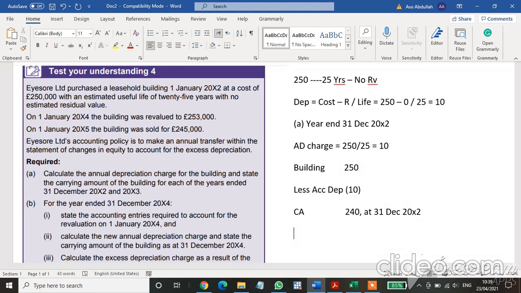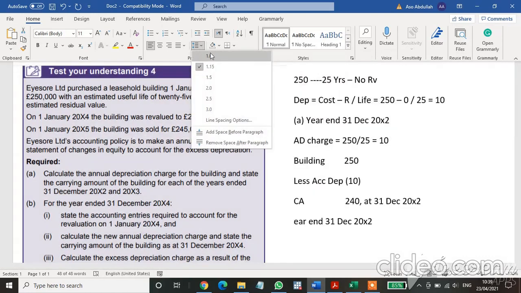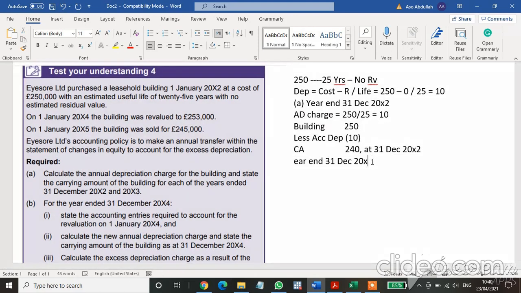Then for accumulated depreciation for year end 2003, it is again going to be the same formula.